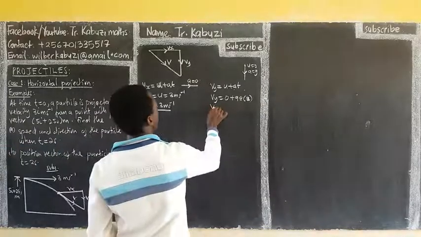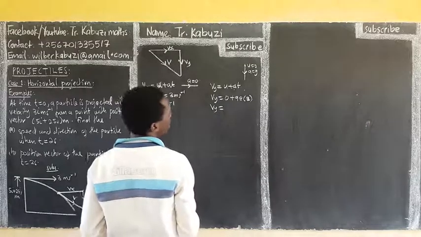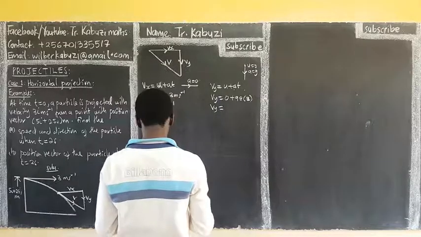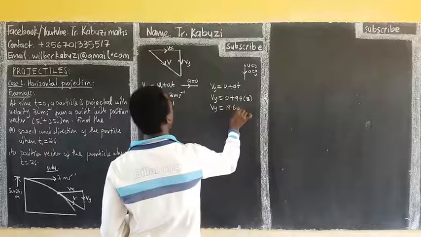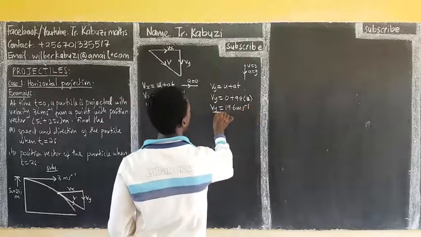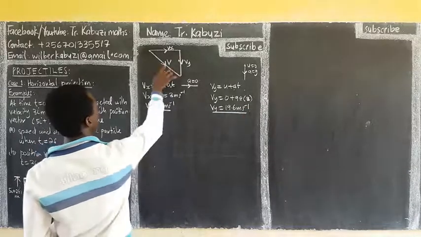So now my vy will be 9.8 times 2, which is 19.6 meters per second.